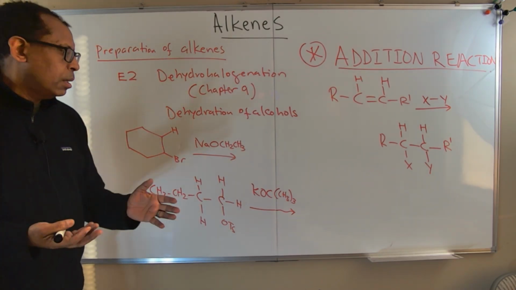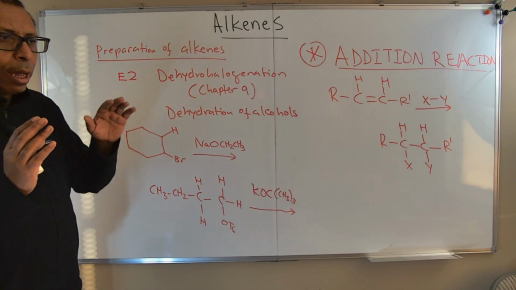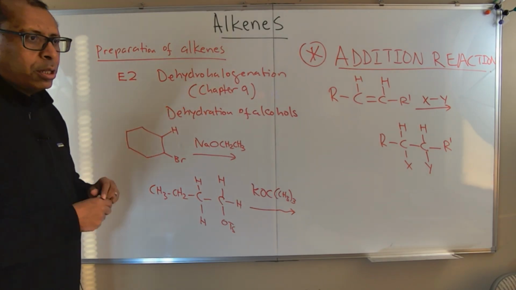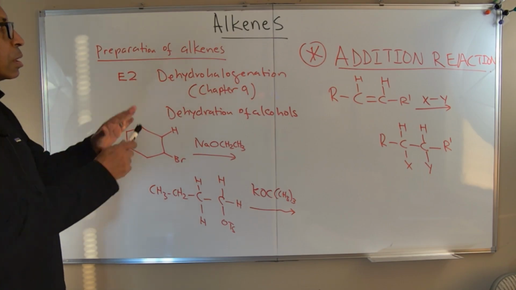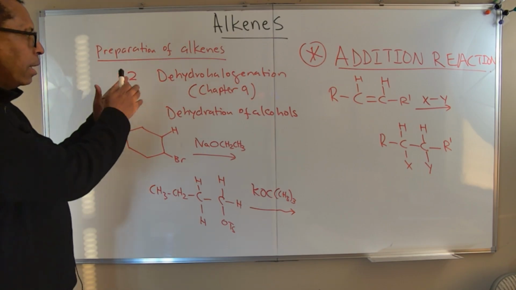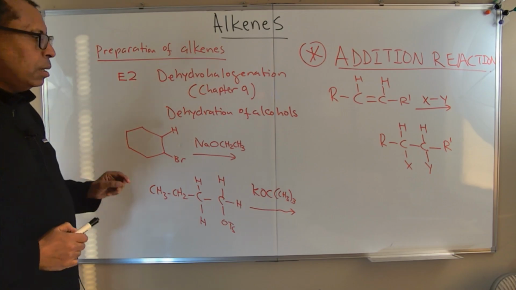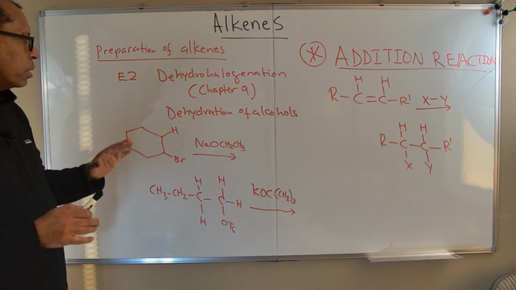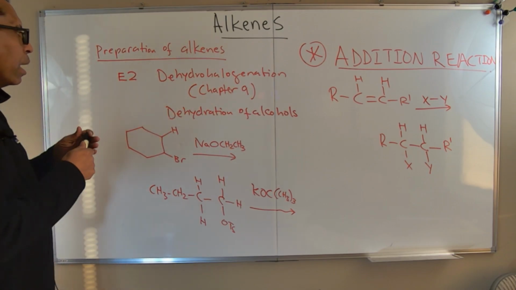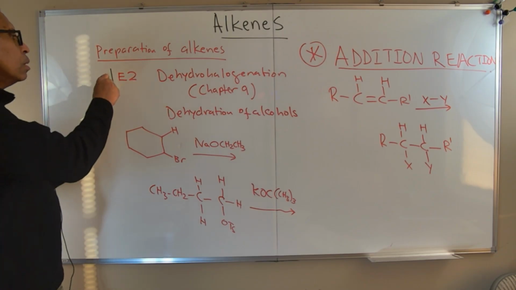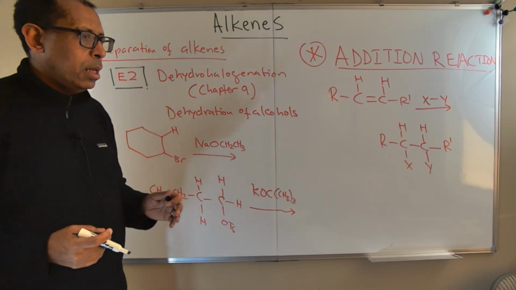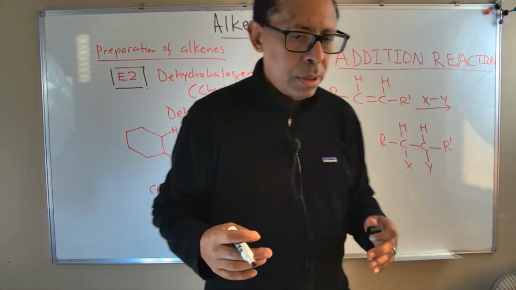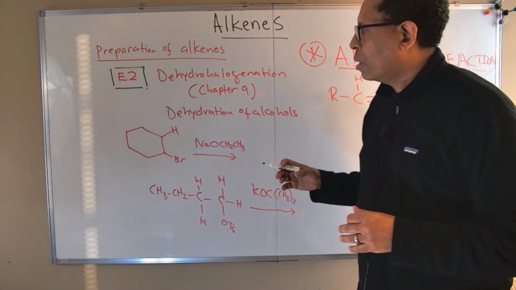Or we used dehydration of alcohols to give us an alkene. So this is how alkenes are made, by an E2 mechanism.